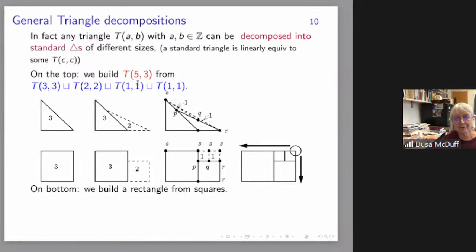If you're thinking of toric images, then of course the toric image of a ball is a triangle. But if you're thinking combinatorially, cutting up this triangle is entirely equivalent to a picture where you cut up rectangles into squares, and that's much easier to see. If we start off with a rectangle of size 5 by 3, we take one square of size 3, put a square of size 2, and then 2 squares of size 1, and that gives you a decomposition which is combinatorially exactly the same as the one above it.